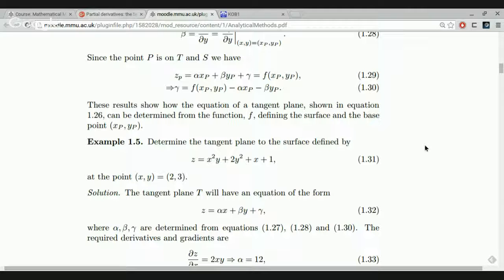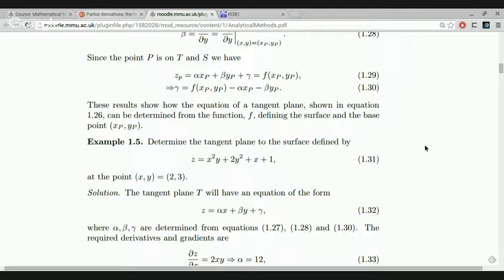Similarly, beta would be df dy, again evaluated at the base point xp, yp. So for df dy, remember we're differentiating with respect to y, so we think of the x as a fixed constant. So we're just going to get x squared plus 4y.